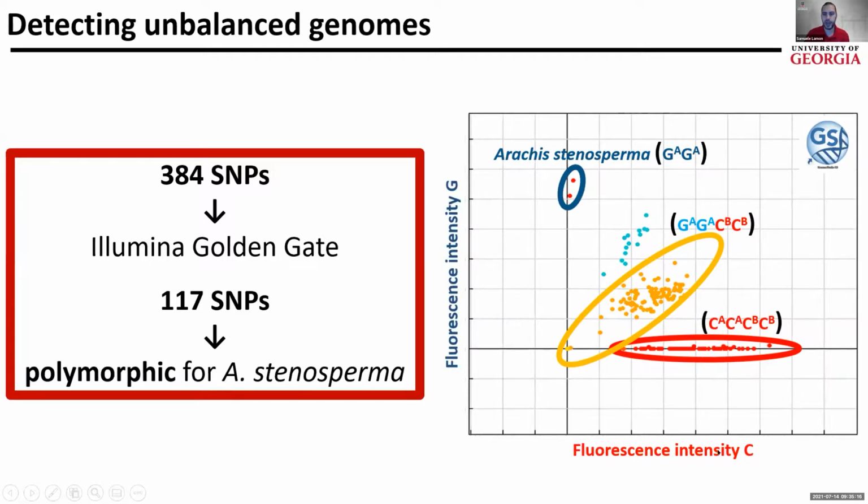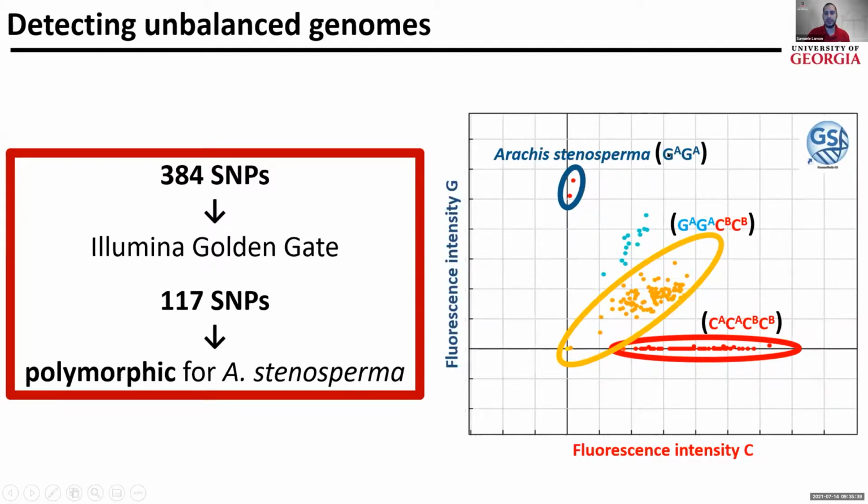Here on the x-axis, you can see the fluorescence intensity for the C allele. On the y-axis, the fluorescence intensity for the G allele. Each one of these dots is one of the BC1 progenies. You can tell that the marker is polymorphic because Arachis stenosperma is here alone.